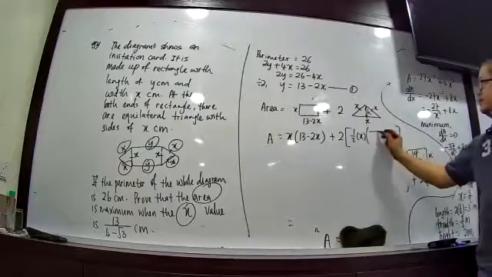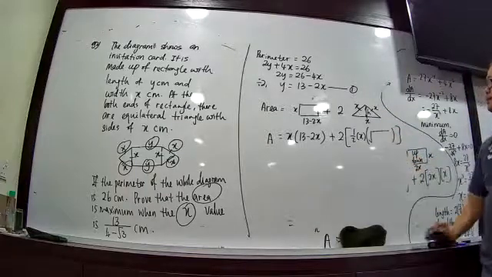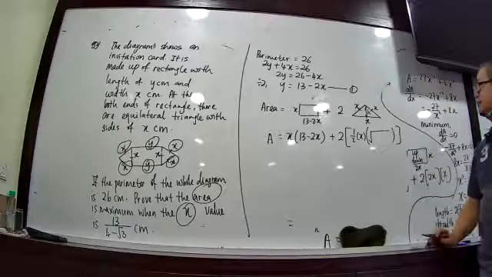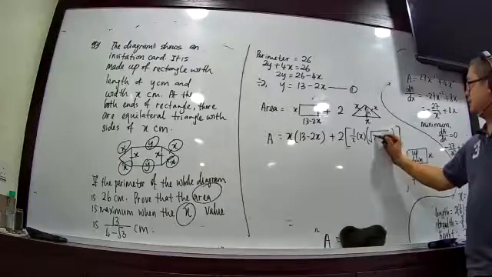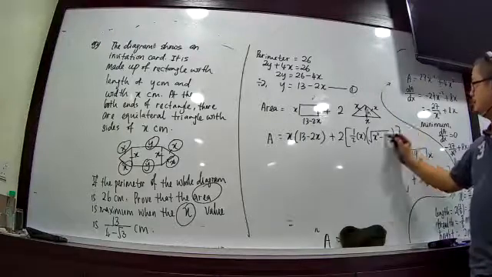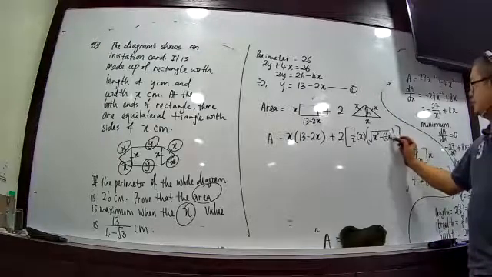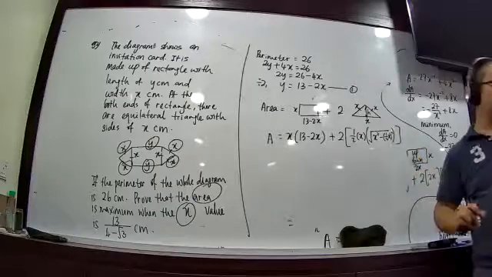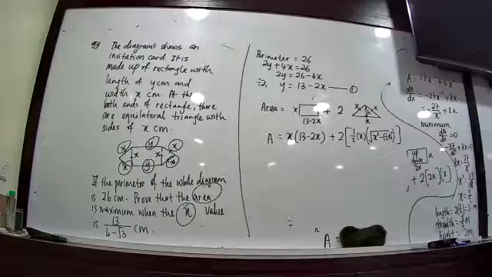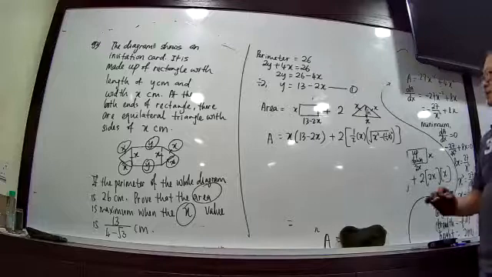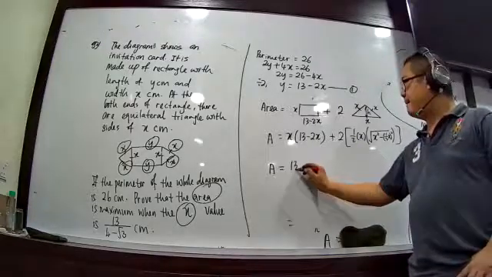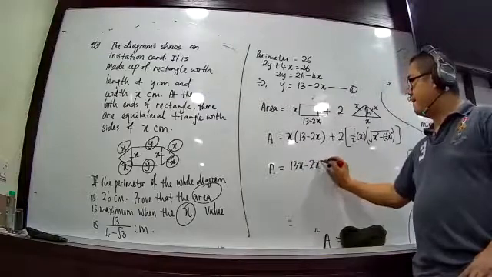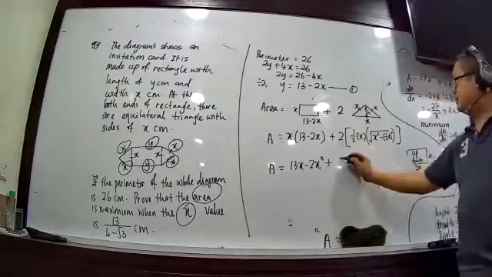So the height I can find using Pythagoras' theorem. This one minus this one, 1 over 2 x squared. So your A will be equal to, cut, left the x.